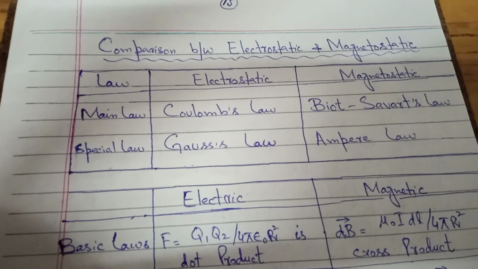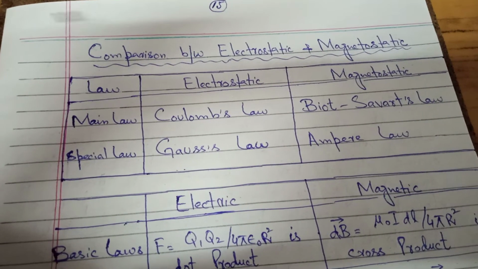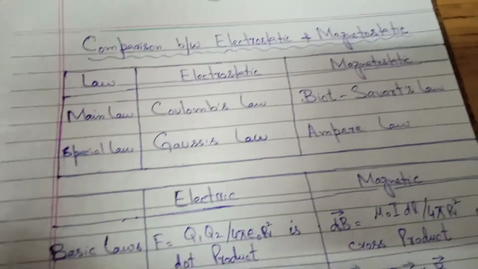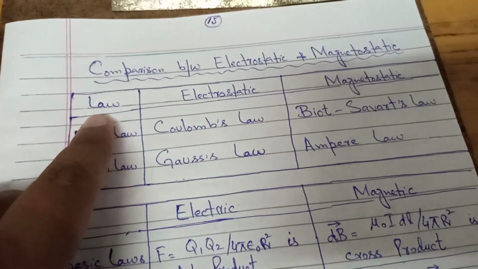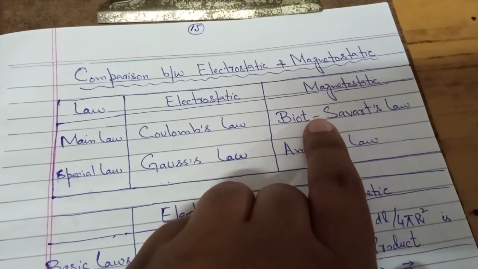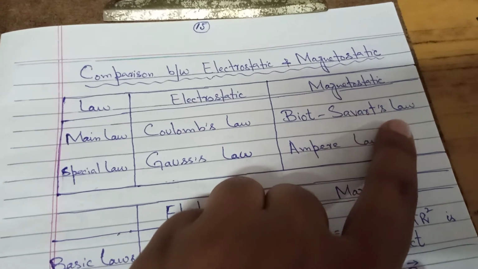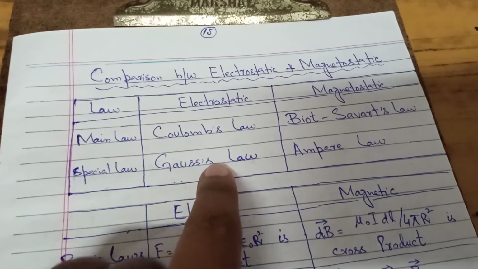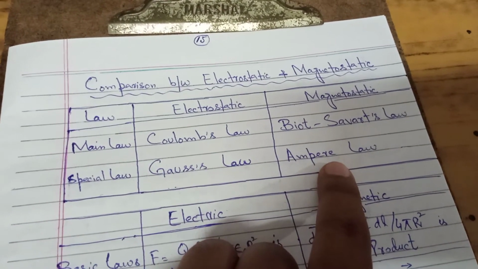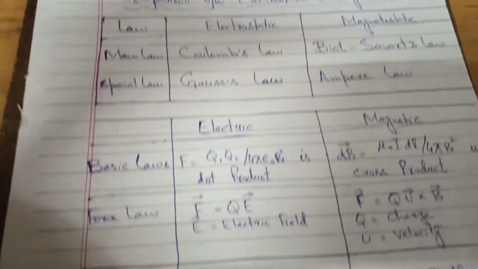Now here is a table in which we will discuss the comparison between electrostatics and magnetostatics. In electrostatics, the main law is Coulomb's law, but in magnetostatics the main law is Biot-Savart's law. The special law in electrostatics is Gauss's law, and in magnetostatics the special case is Ampere's law.